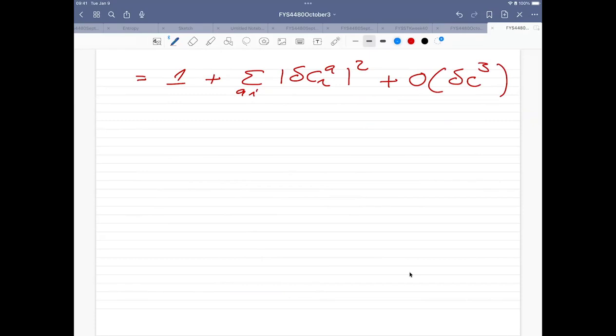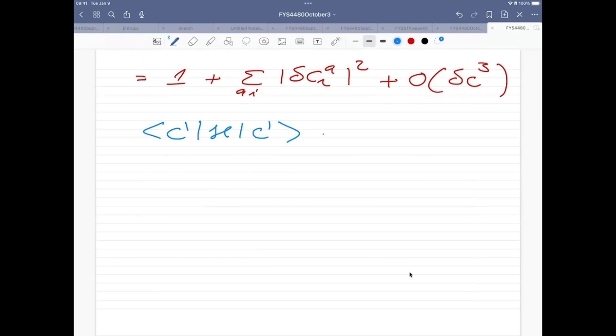Now we need to look at the numerator. So let's take C prime of H of C prime. That is going to contain the following terms, which we have to look at more carefully.